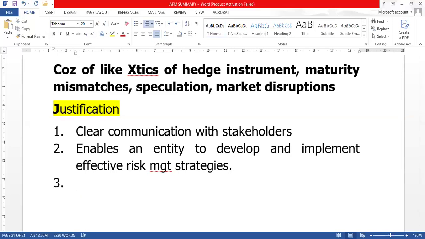It may also enable you to identify areas of vulnerability. It will also help you in terms of financial planning. When you measure, you will be in a position to plan accordingly, in terms of how it will affect your cash flows.